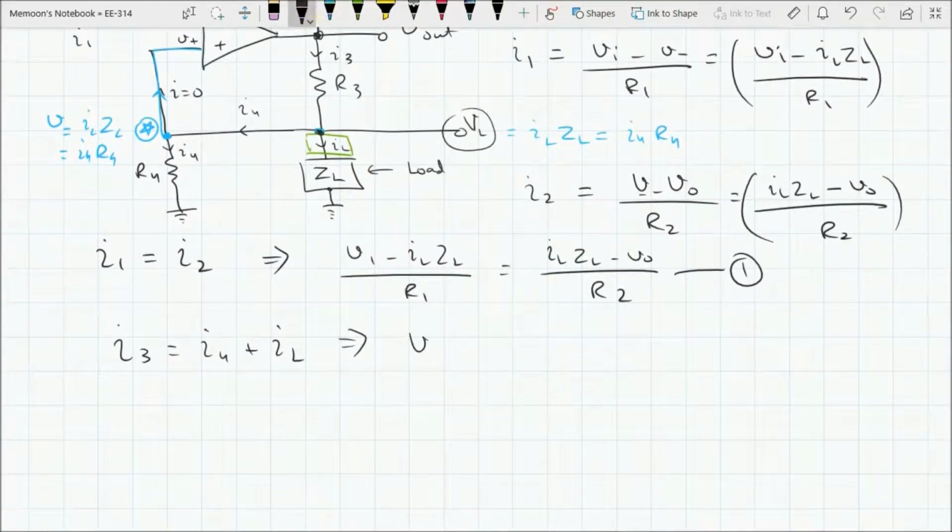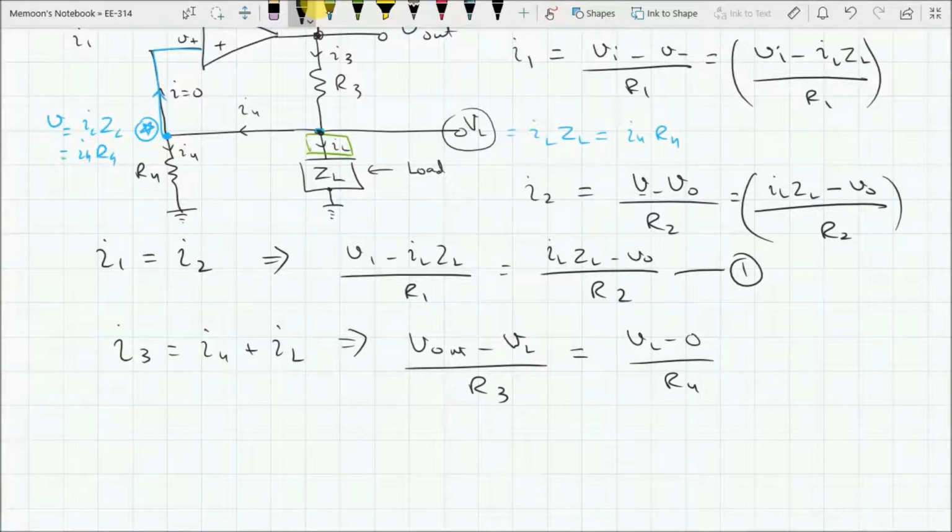So V out minus VL over R3 is equal to what is I4? I4 is the potential at this point, VL minus 0 over R4, plus what is IL?